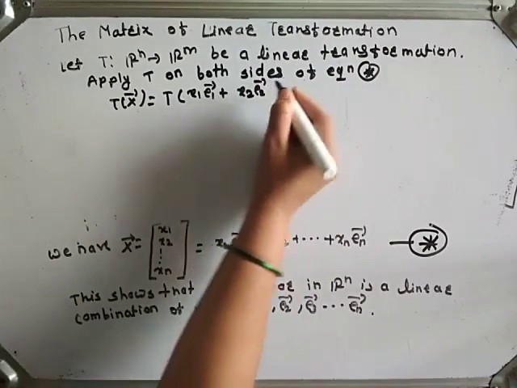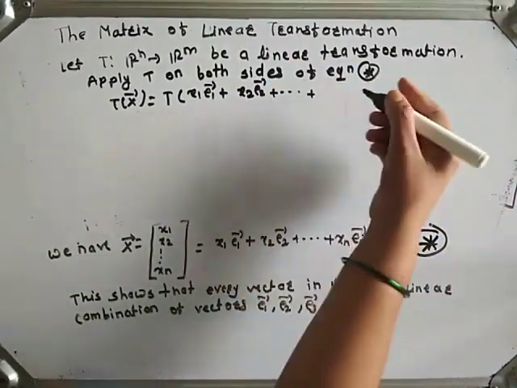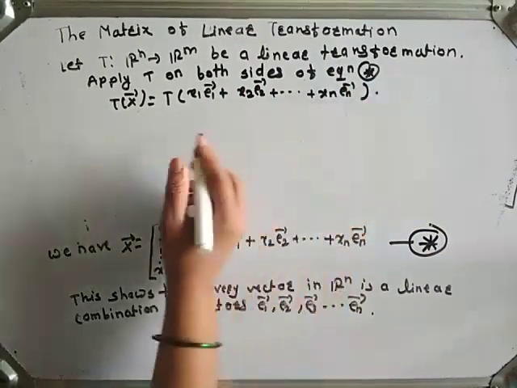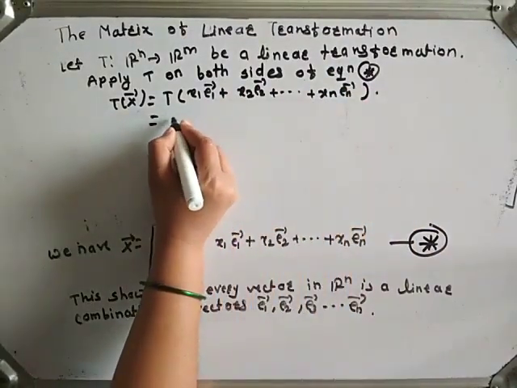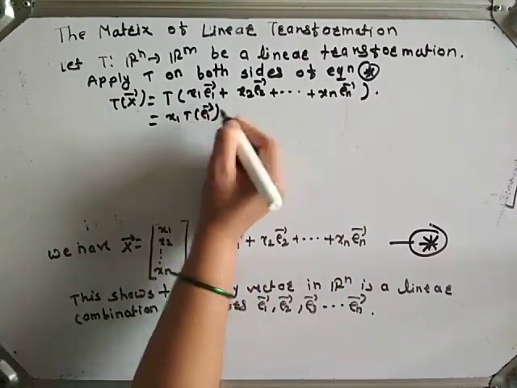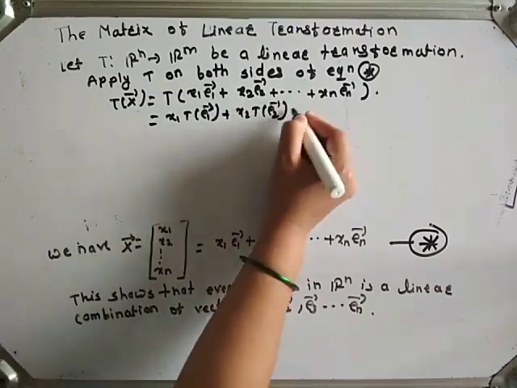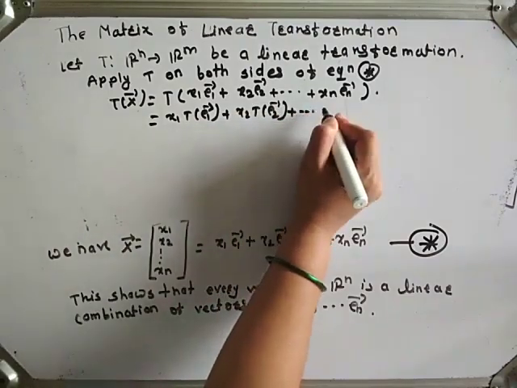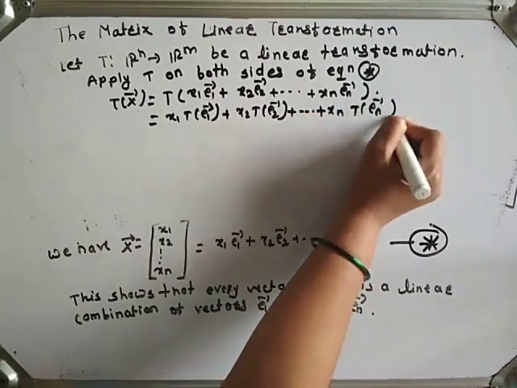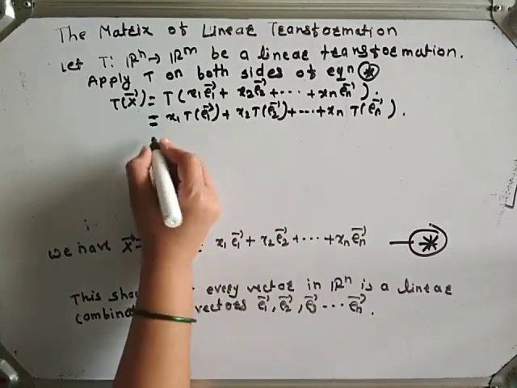into E2 bar plus and so on up to plus xn into En bar, okay, which is equal to x1 into T of E1 bar plus x2 into T of E2 bar plus and so on up to xn into T of En bar by definition of linear transformation.